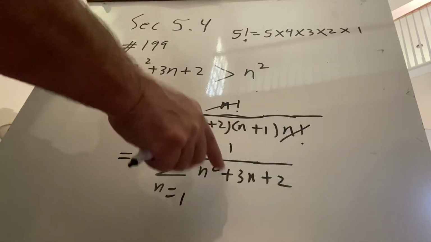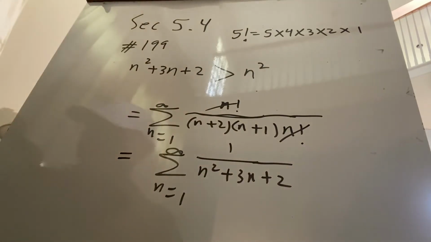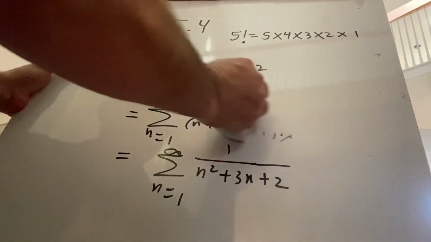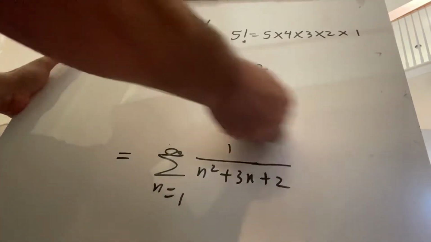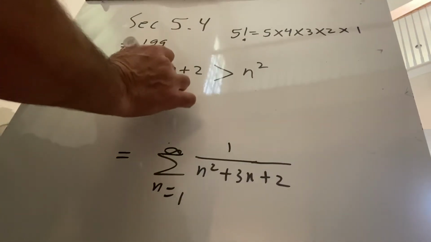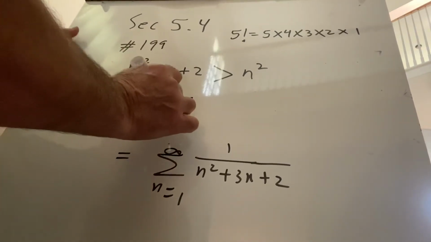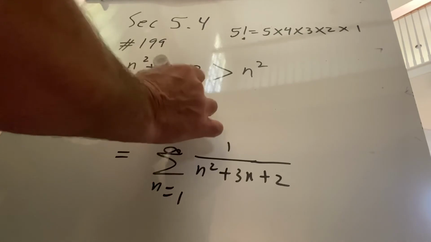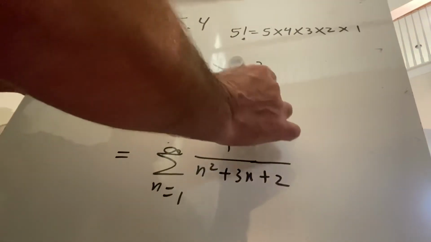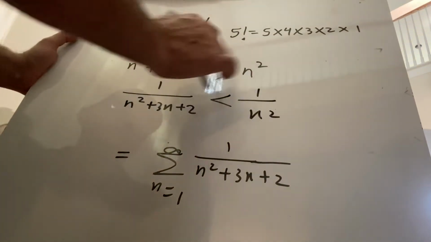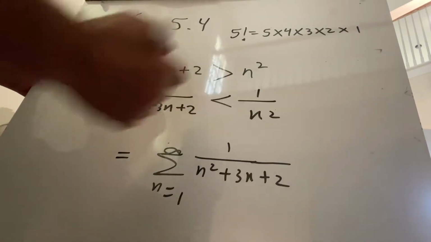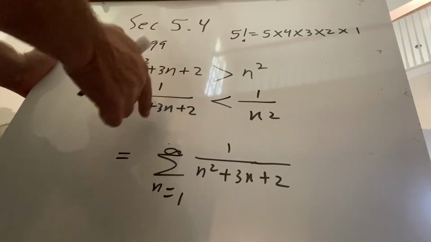But remember, we have 1 over. As you reciprocate, that's how we see our correct direction here: 1 over that becomes less than 1 over n squared. Because if a is greater than b, then 1 over a is less than 1 over b.